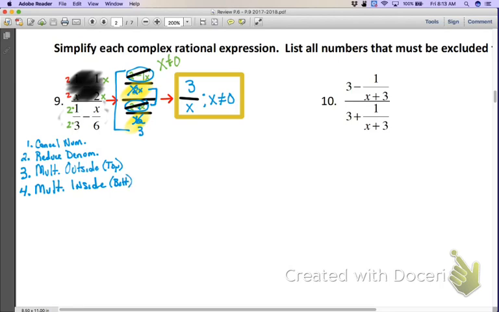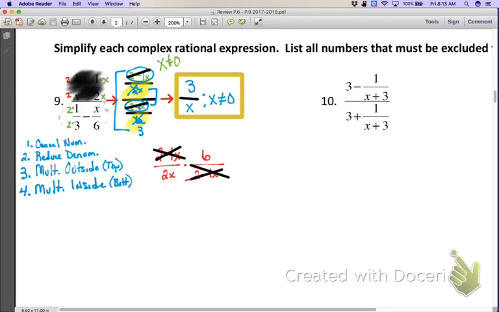Now, even if we did keep, change, flip, so even if I did 2 minus x, or 2 minus 1x, however you want to look at it, and 2x times, so if we kept the top, changed the sign to a multiplication, and then we had 2 minus 1x. It's still going to do the same thing. I'm still going to cancel here.